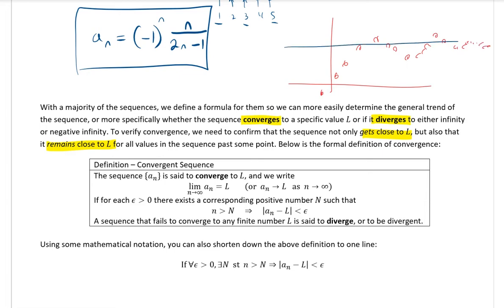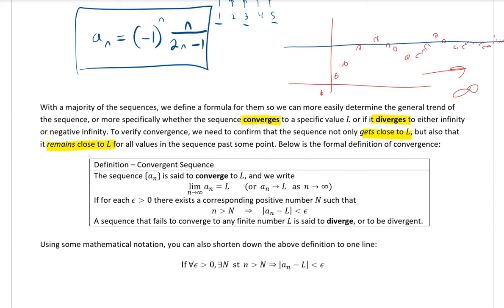Maybe this value right here. But what it means to stay close to that is that as I go on in the infinity direction, these are getting arbitrarily close to whatever I should be converging to. So I shouldn't just bounce up and down around it, but I should get close to that and stay arbitrarily close after some point along the sequence.